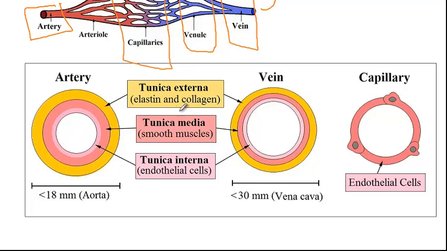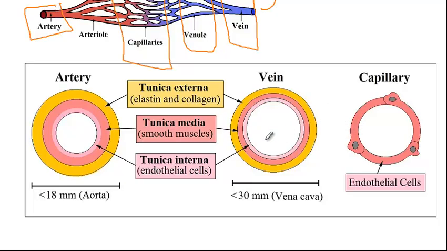The veins and the arteries both have three different layers, starting with the tunica interna, which is made of endothelial cells. These endothelial cells line the lumen of the vein, artery, as well as the capillary, so endothelial cells are found in all three types of vessels.